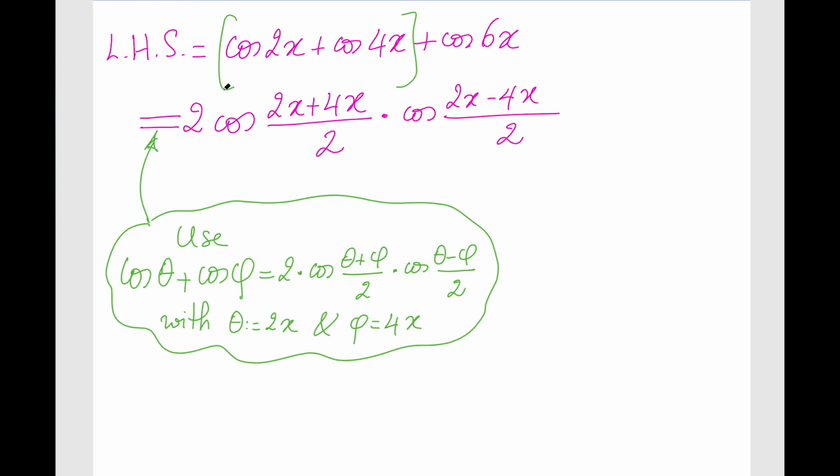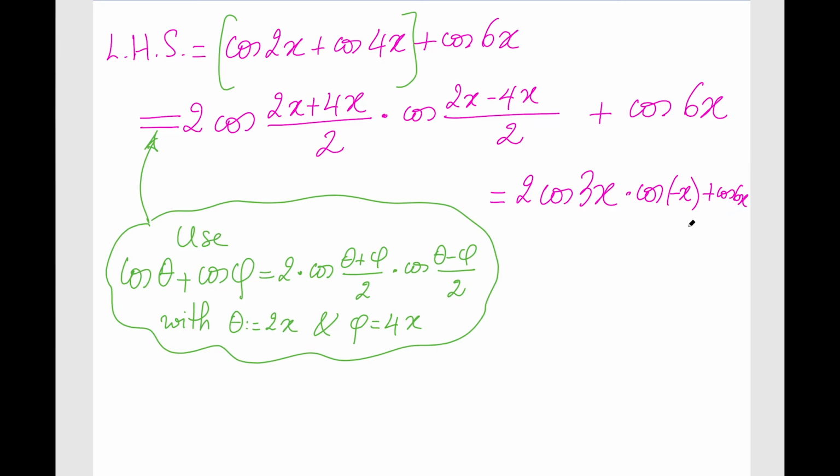So that's this green bracket, plus cosine of 6x, right? Excellent. So 2x plus 4x is 6x. 6x over 2 is 3x. Over here, 2x minus 4x is minus 2x. Over 2 is minus x. So this is cosine of minus x, plus that cosine of 6x over there, right?